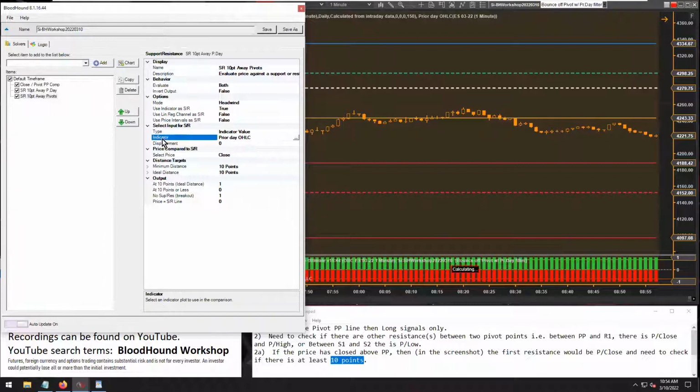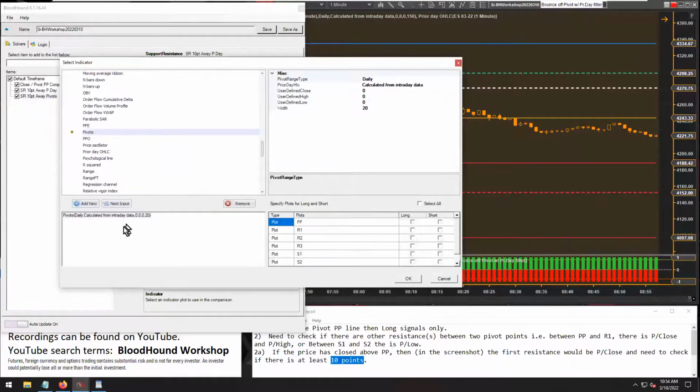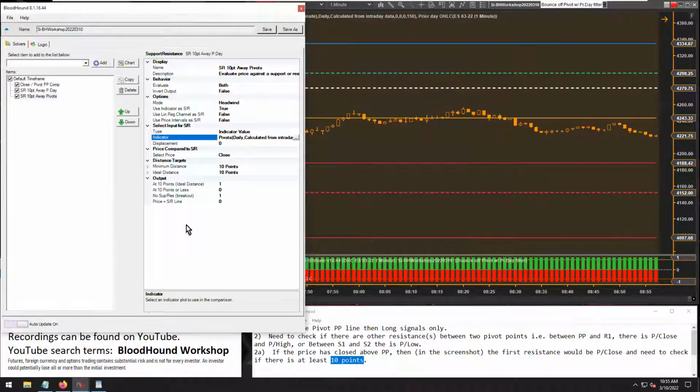So here's the indicator. We're going to replace the prior day indicator with the pivots indicator. So we'll just select all the pivot lines, like so, and our 10 point distance requirement is already set up for us, and all the outputs are already set up for us.